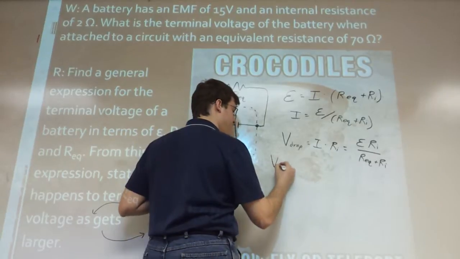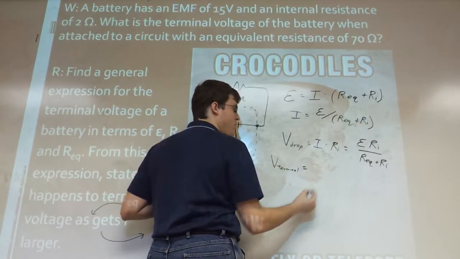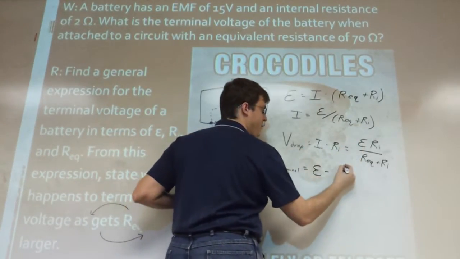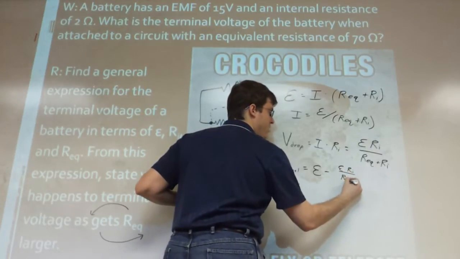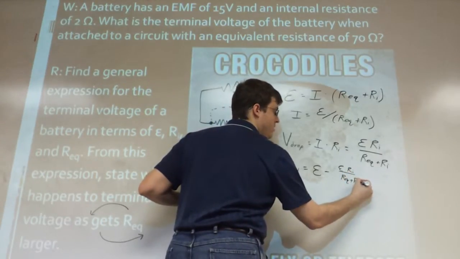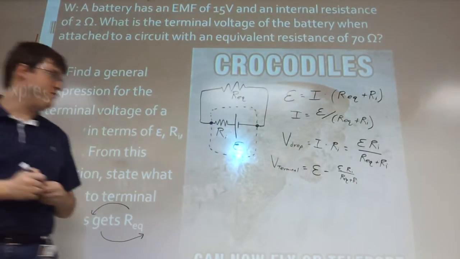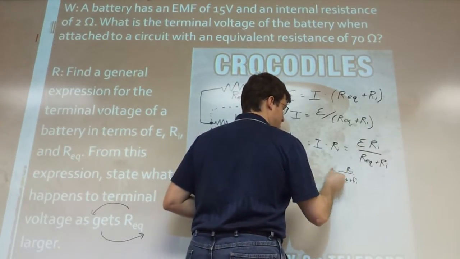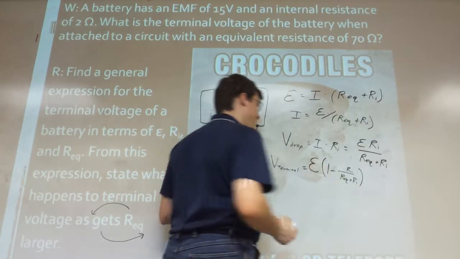So V terminal equals EMF minus V drop, which is EMF R internal over R equivalent plus R internal. And if you want, you can factor out an EMF to get 1 minus this times EMF.